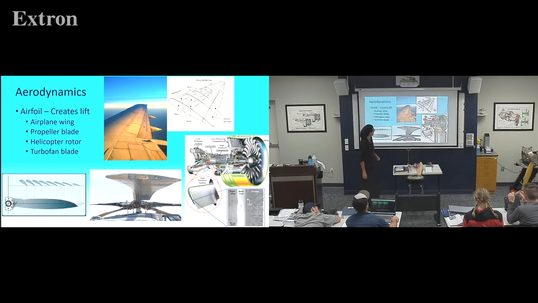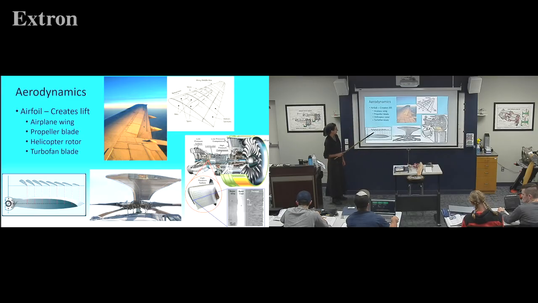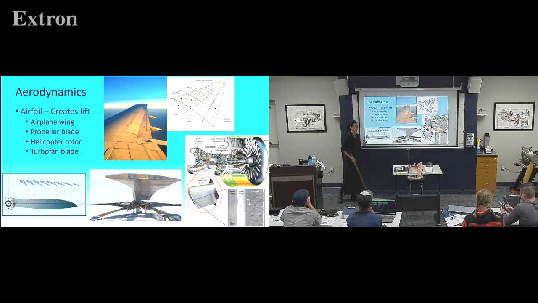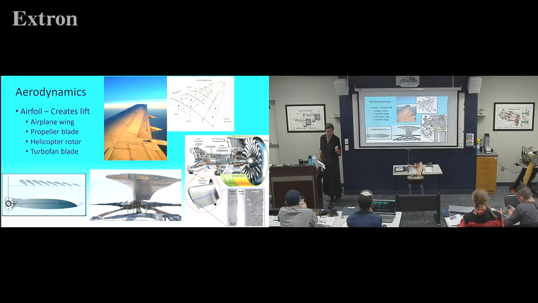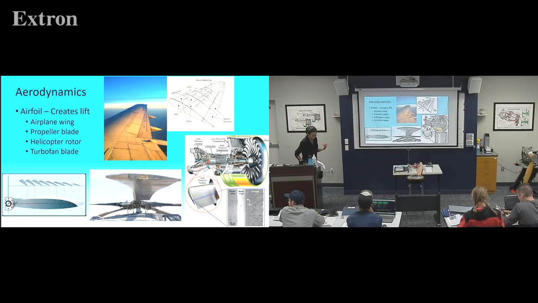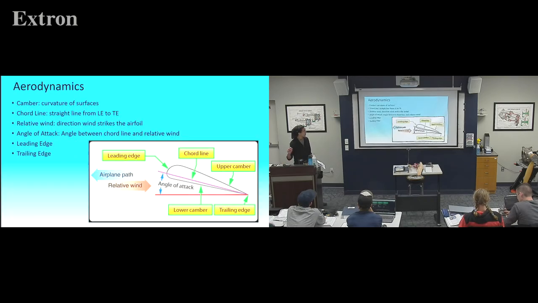So, yeah, we'll talk in sheet metal class all about the internal structure of a wing, but for now, just understand that there are special shapes for an airfoil to create lift. Some of those terms I've been talking about: the curvature.